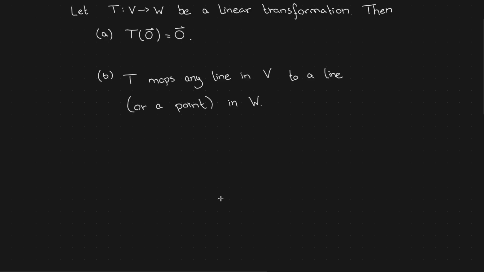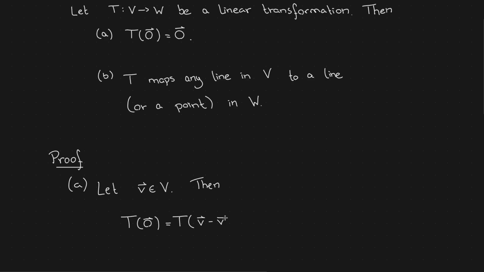All right, so let's prove it. For this first one, real straightforward. Let's take any vector V in our domain. Then I want to show that the transformation of the zero vector in my domain is equal to the zero vector in my codomain. So all I'm going to do is say, well, T of 0, the zero vector is just the vector V I chose minus itself.